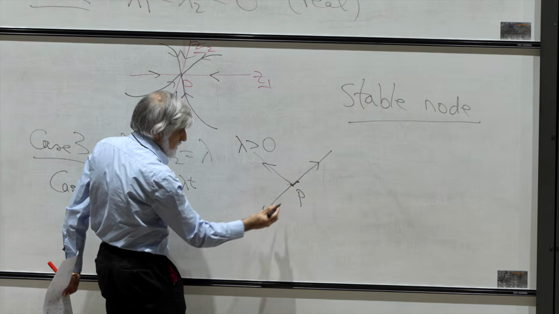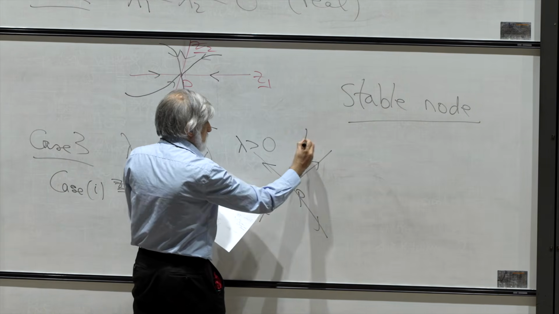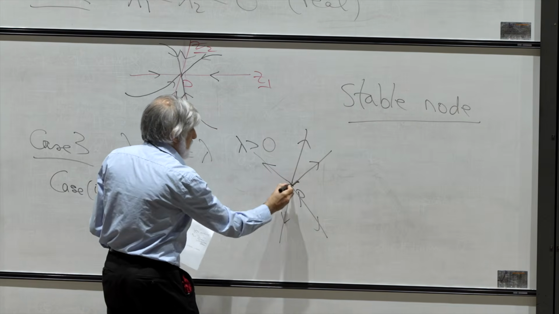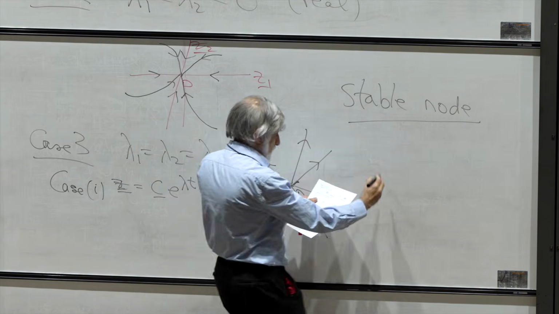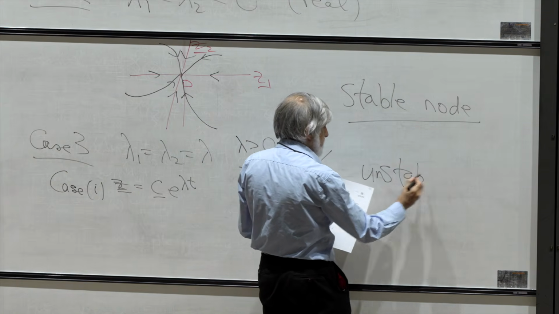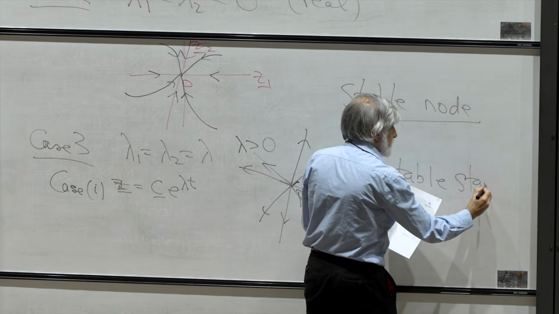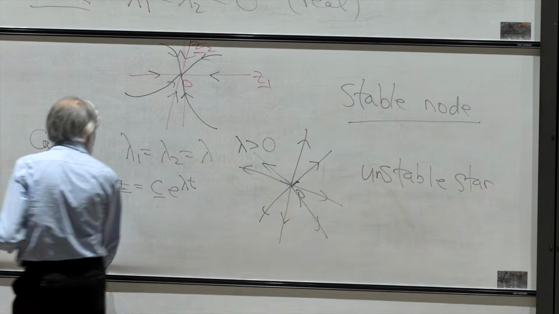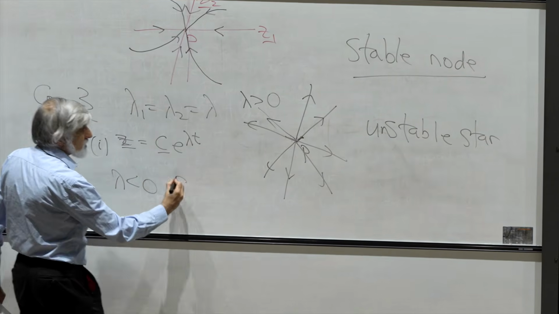Here, go off in that direction, up in that direction. And that's called an unstable star. If lambda is less than 0, we have a stable star.